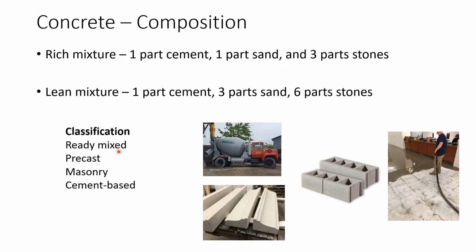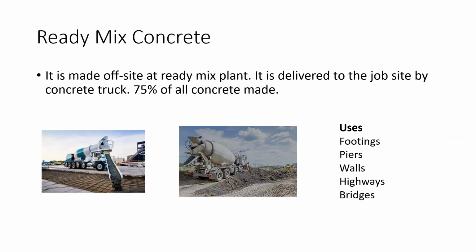So classification: we have ready mix, precast, masonry, and cement-based. Here you can see that's a cement base, and that's your masonry ready-made things. This is your ready mix, and that's your precast. Ready mix is definitely made off-site, meaning away from the job site.